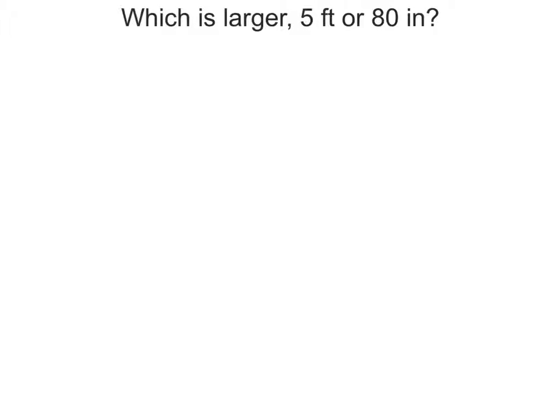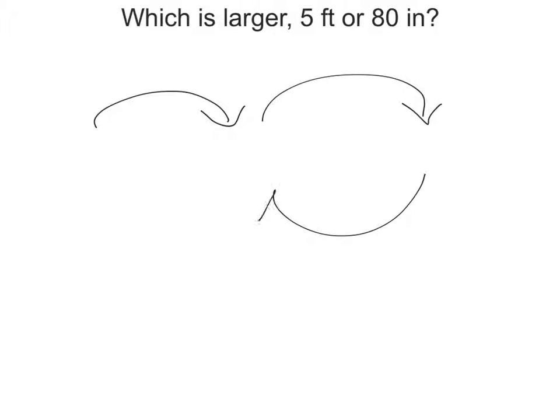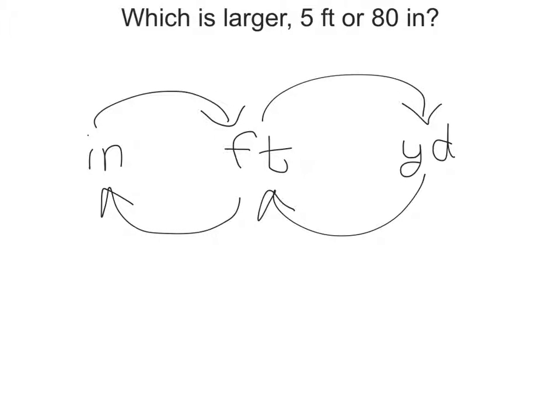So if you remember, you can use your loop charts, but we're going to make our loop chart and we're going to follow that. So our smallest unit is what? Good, the inch. Then we have the foot and the yard. Okay, who remembers what numbers go with inches and feet?